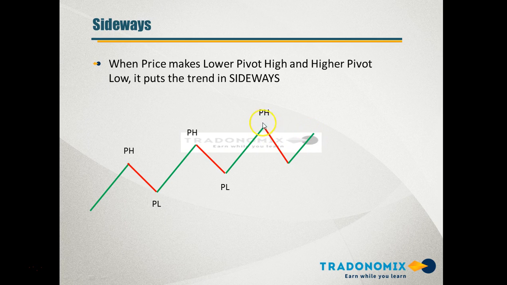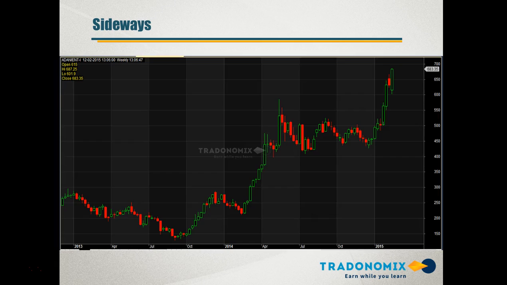At this position, it has created a lower pivot high but a higher pivot low, and hence we are not clear that it's moving into a downtrend. So we can't determine it as a downtrend. Why? Because for a downtrend, you need a lower pivot low as well. This range is determined, or rather called, sideways.